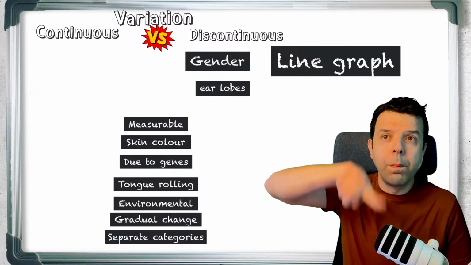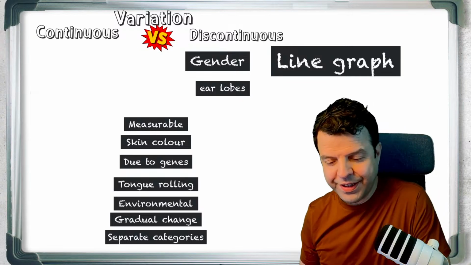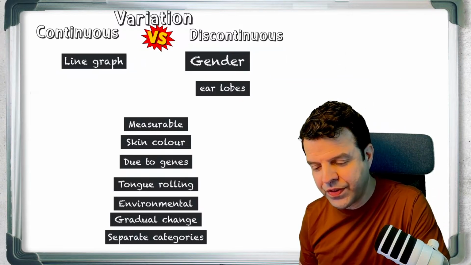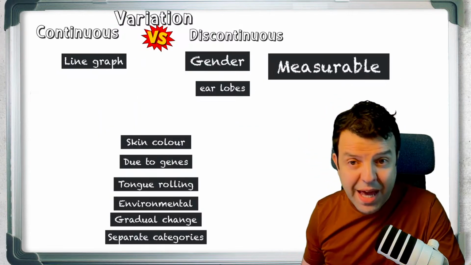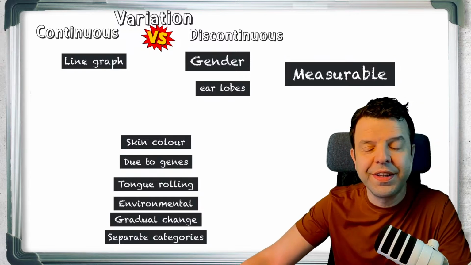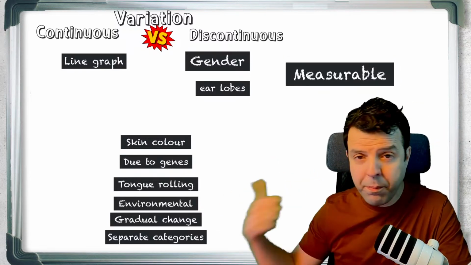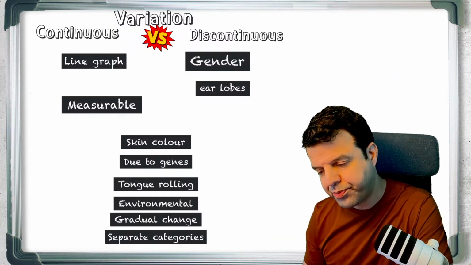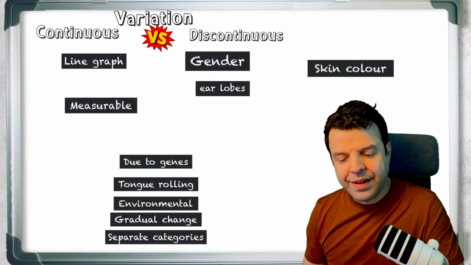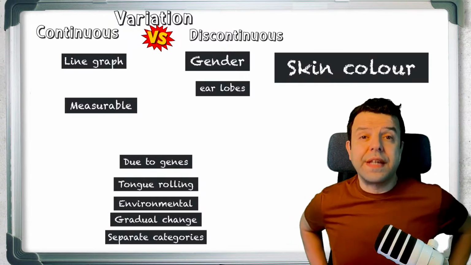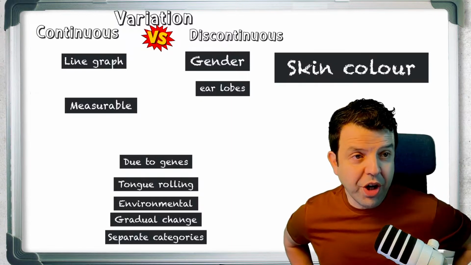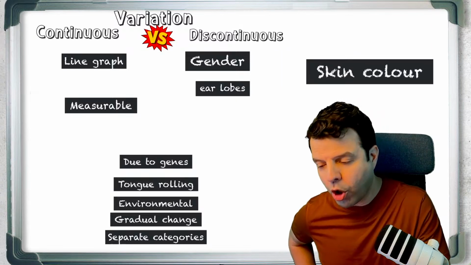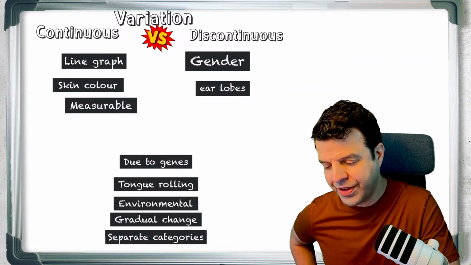If it looks like a line graph, it's always continuous. If it is measurable, if you can measure it with a weight balance or a ruler. How about skin color? Is skin color influenced by the environment? Yes, so always continuous.